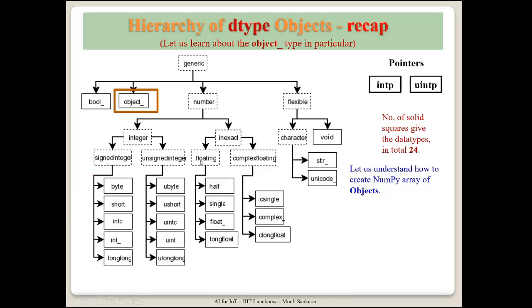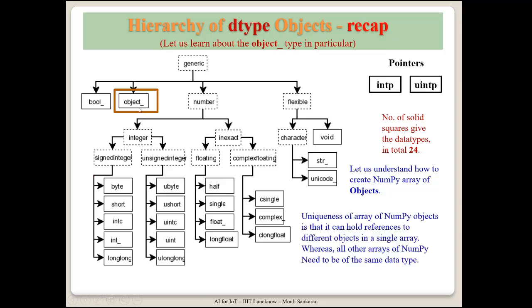Now what is the difference between normal data types and the object type? This object type is a reference to an object. Since it is a reference, it's an address. So as long as it is referring to an object, the normal Python object has the information about what type of object it is, we know which class it belongs to, and all the details are there as a part of the object memory.